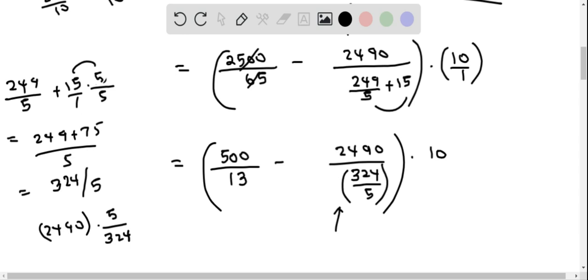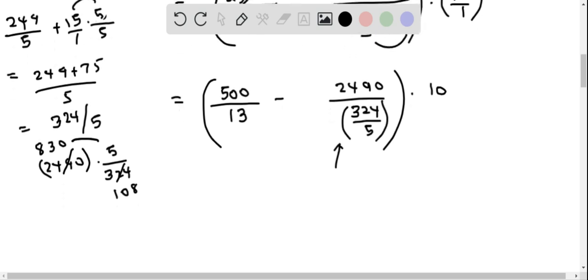We now see that we can divide both these terms by 3. So when we do that, we get 830 for the numerator, and this is 108. And so we multiply 830 with 5, and this gives 4150 over, we have this 108 as the denominator.